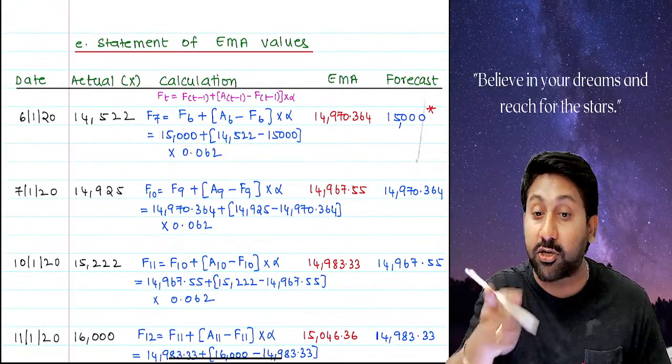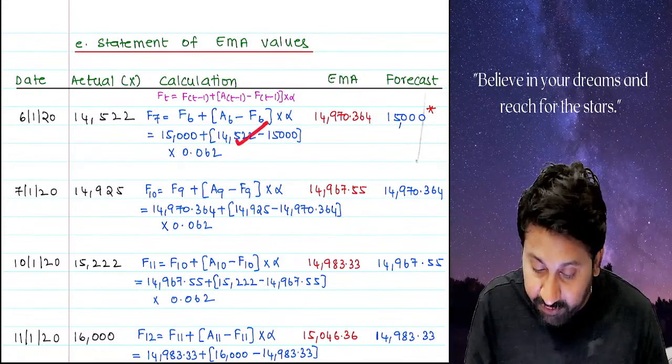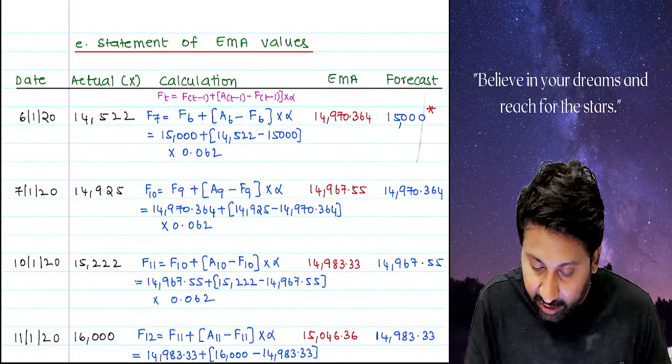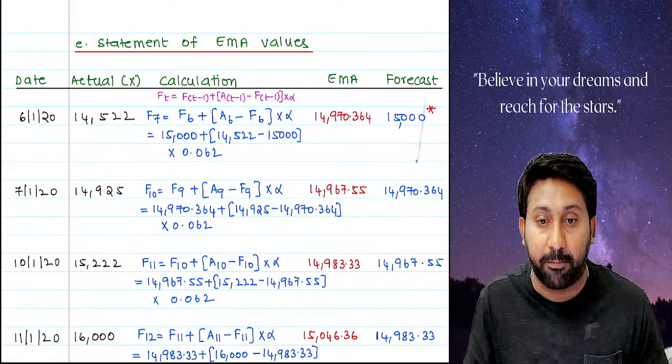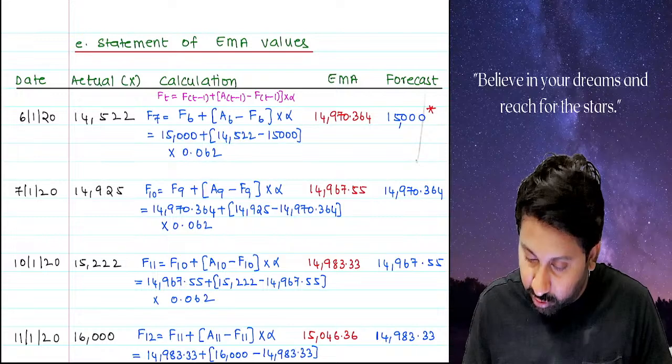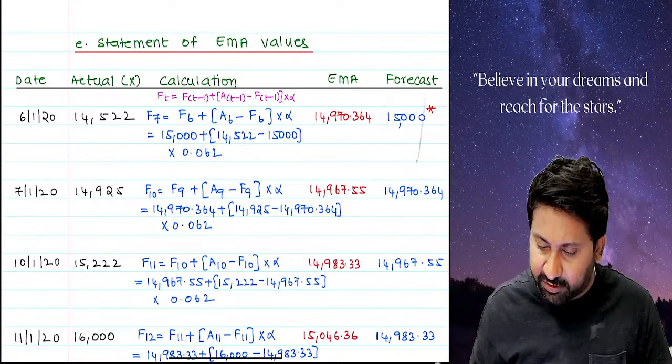Okay. So, see here, F6, how much? 15,000, the forecast of the previous day. We forecasted 15,000. It happens to be 14,522. There is an error. Into 0.062, we got 14,970.364. Okay. So, what is the forecast? 15,000 is the forecast for the previous day.